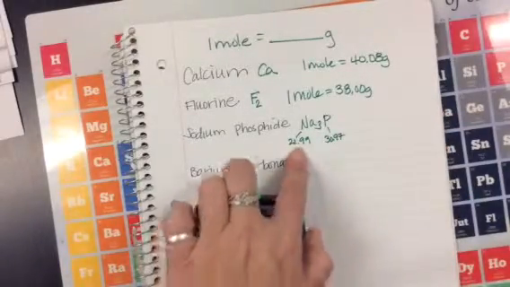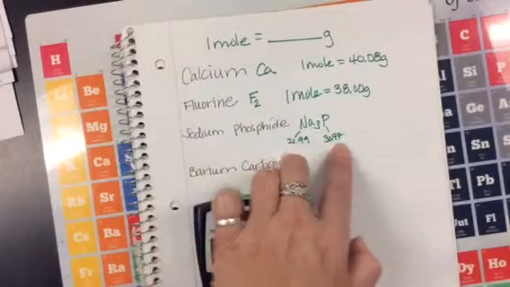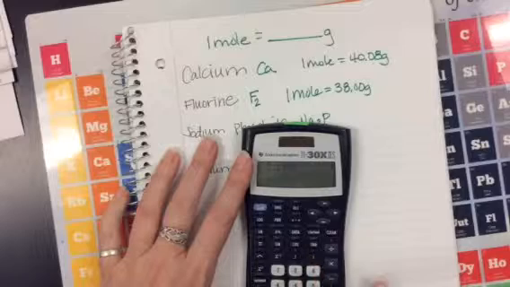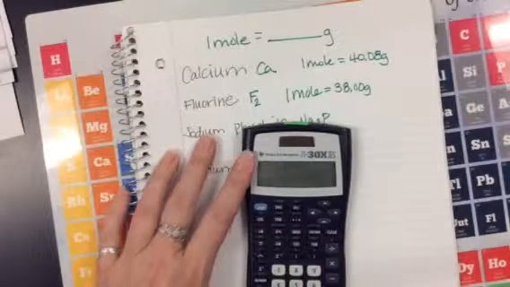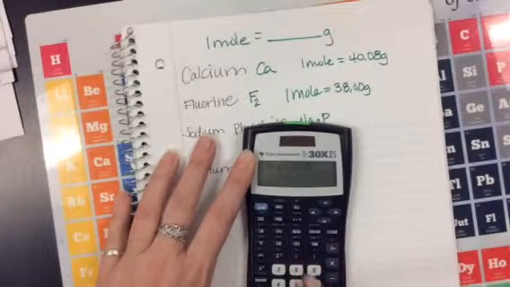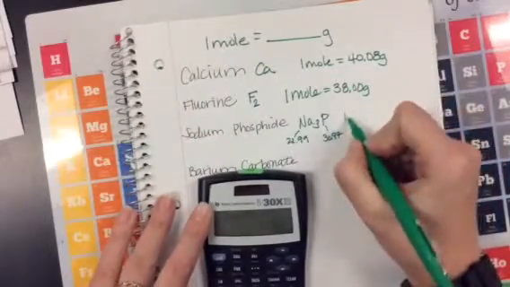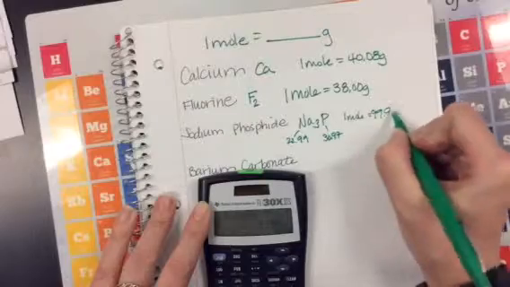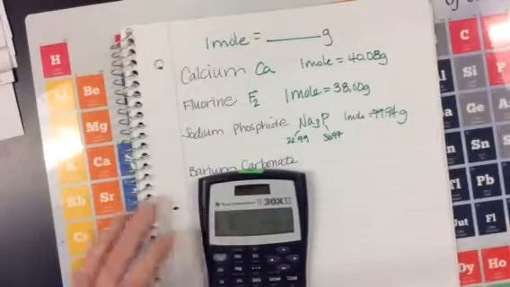So we're going to add the mass of our 3 sodiums plus our 1 phosphorus. So 22.99 times 3 plus 30.97. 1 mole of your sodium phosphide has a mass of 99.94 grams.